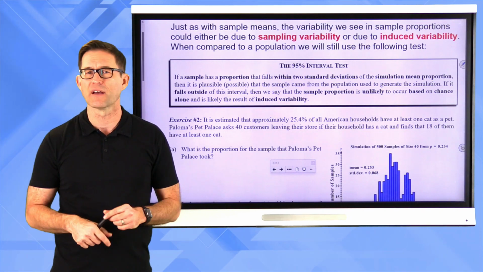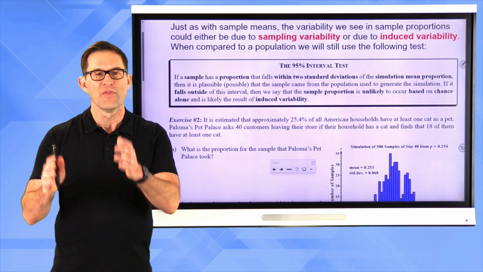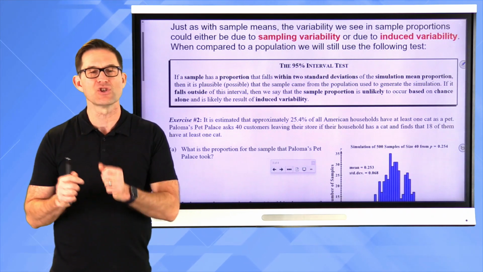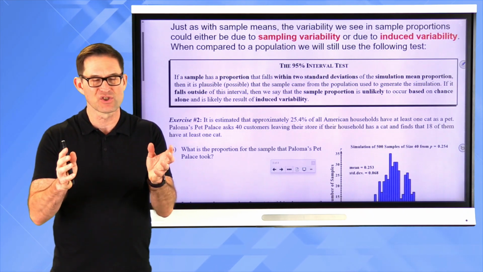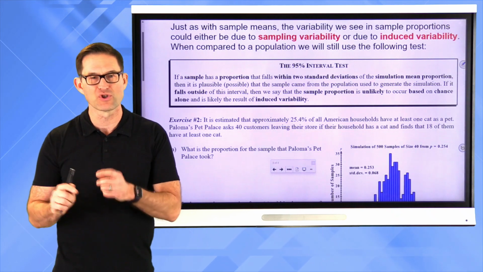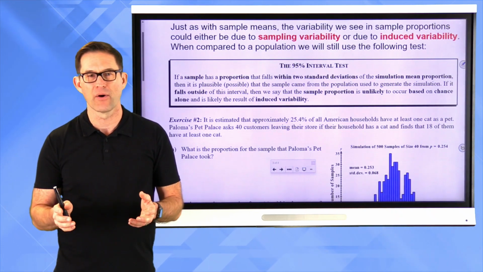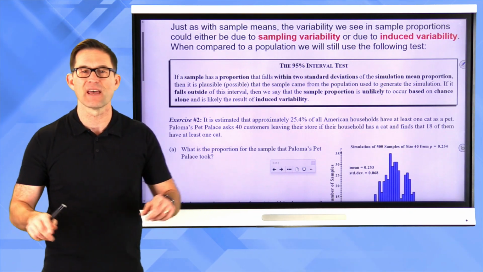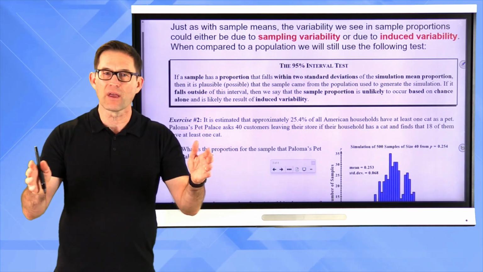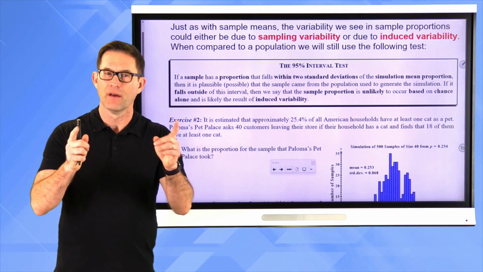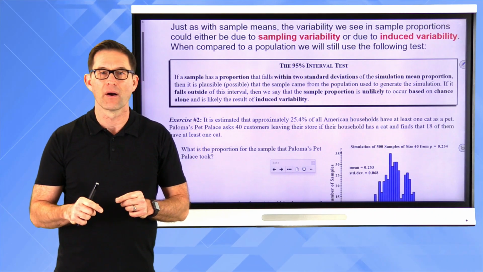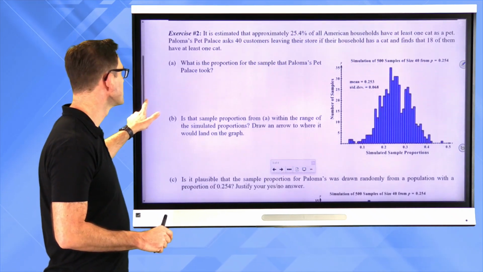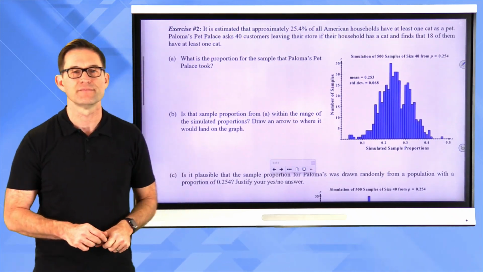Variability that occurs because for some reason the sample that I took has a higher mean than the population, or a higher proportion than the population we're comparing it to, right? And we use that 95% interval test to say, well, if the proportion that we got is way out there at the tails, then something strange is going on. Something is different. So let's take a look at another example of this in exercise number 2.